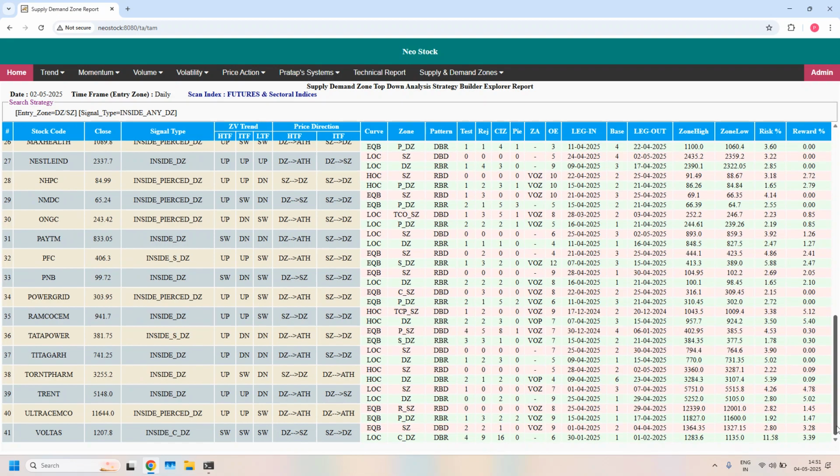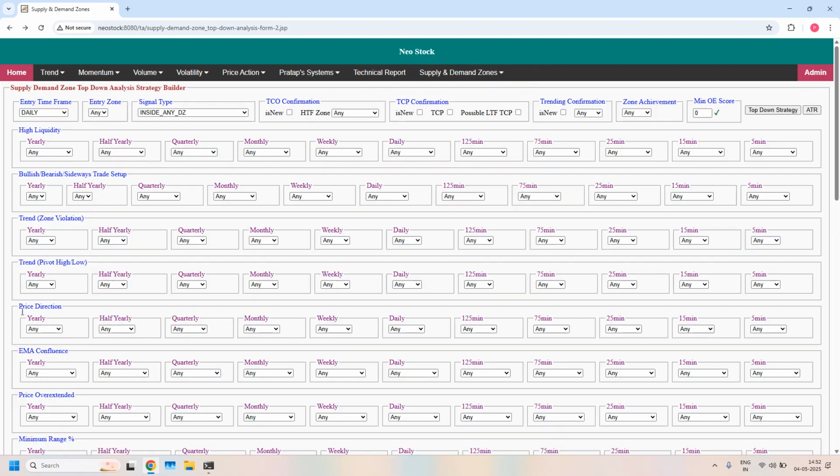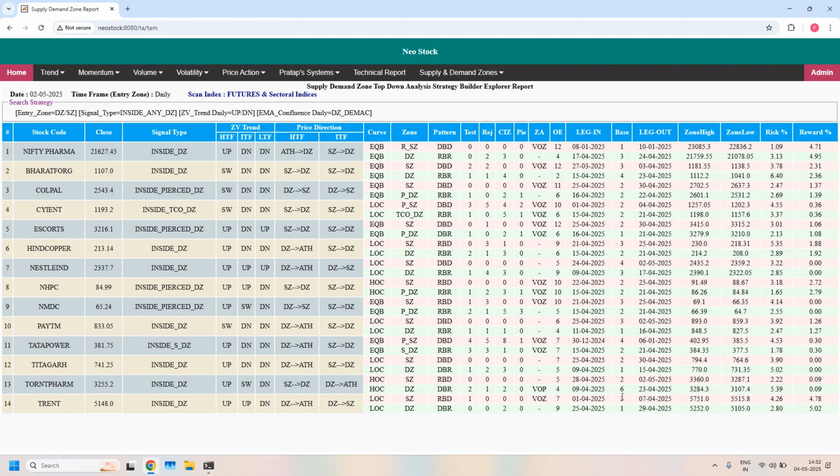Out of these 41, let us find how many daily demand zones are having daily EMA confluence. And at the same time, trend on the daily should not be sideways. So it can be up or down. Now the list has come down to 14 stocks. These 14 daily demand zones are having daily EMA confluence and current price closed inside the daily demand zone.